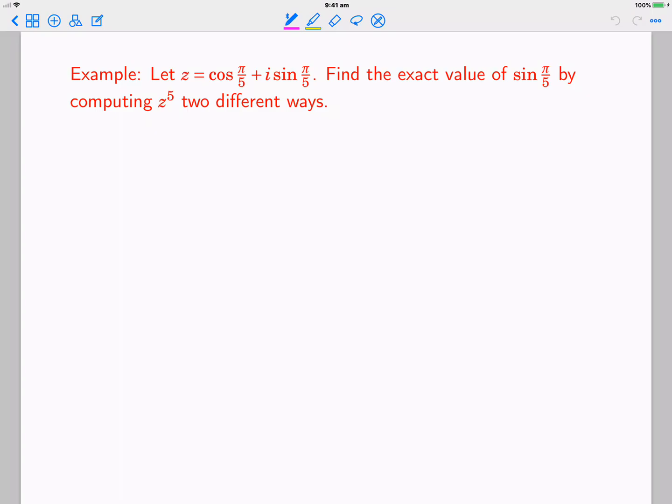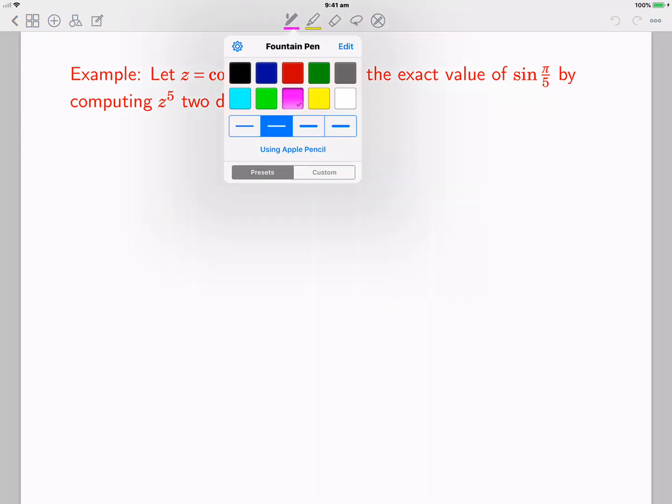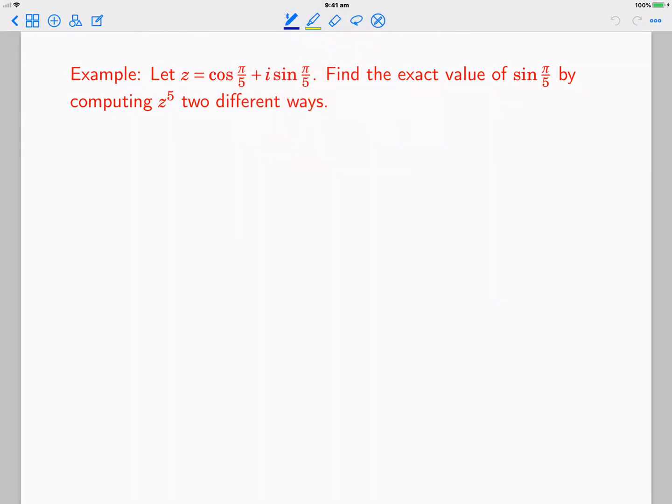Now, if I want to calculate z to the power of 5, there are two ways I can do it. There's de Moivre's theorem and there's the binomial theorem. If I use de Moivre's theorem, then z to the power of 5, because the modulus is 1, is going to be 1 to the power of 5, which is 1.